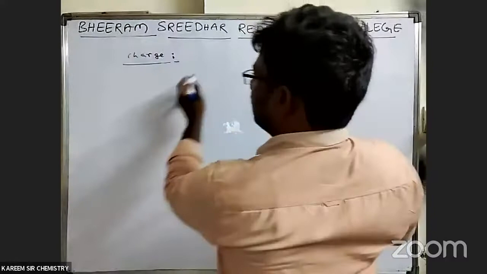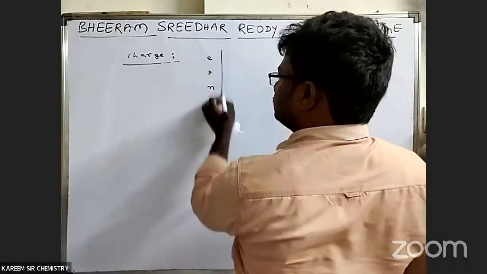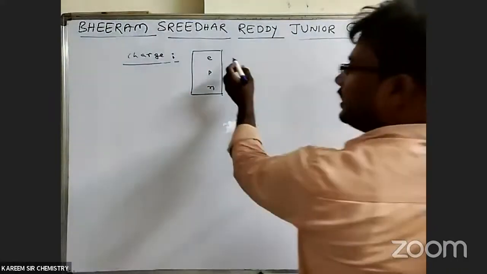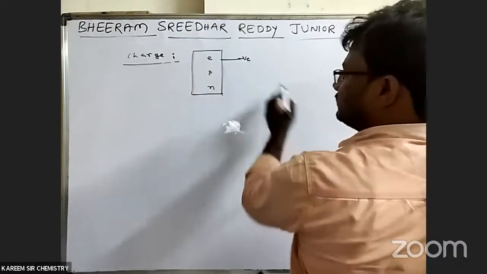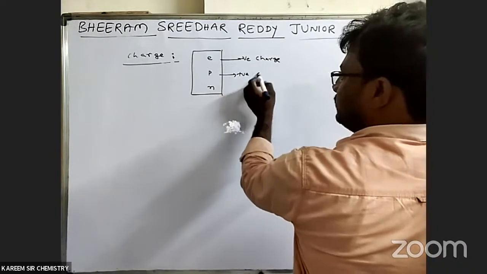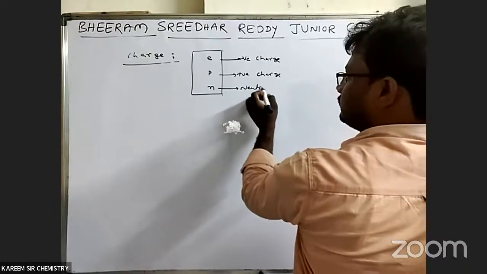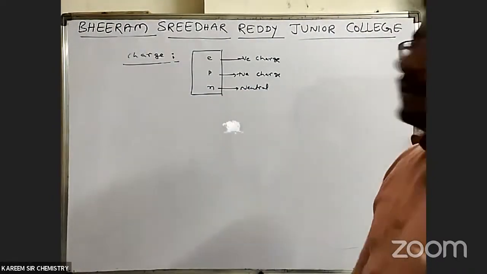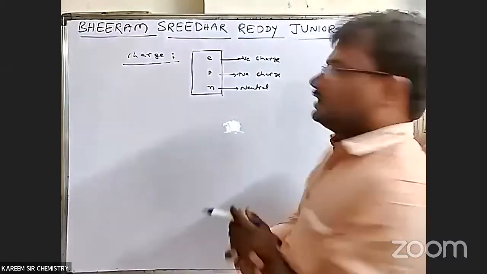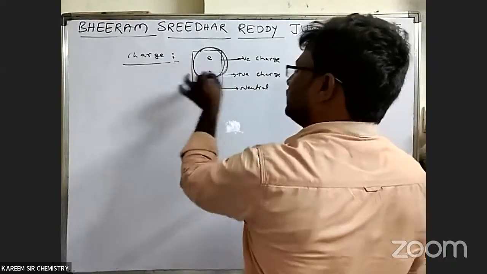See here, electron, proton, neutron. The electron is a negative charged particle. The proton is a positive charged particle. And the neutron has no charge. Now, the total charge on an atom is because of the electron and proton.